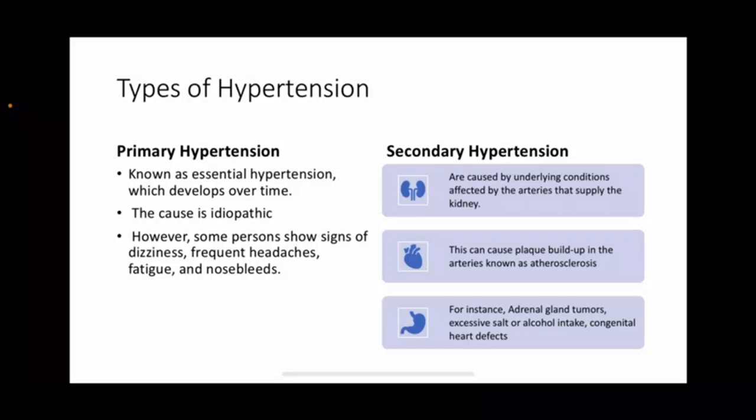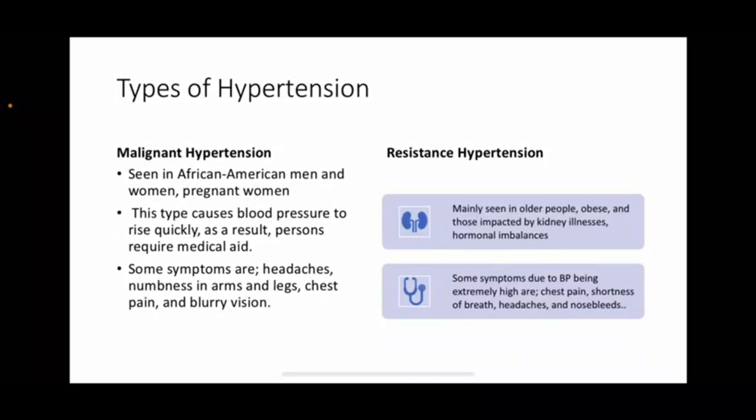Secondary hypertensions are caused by underlying conditions afflicted by the arteries that supply the kidney. This can cause plaque buildup in the arteries known as atherosclerosis. For instance, adrenal gland tumors, excessive salt or alcohol intake, congenital heart defects.